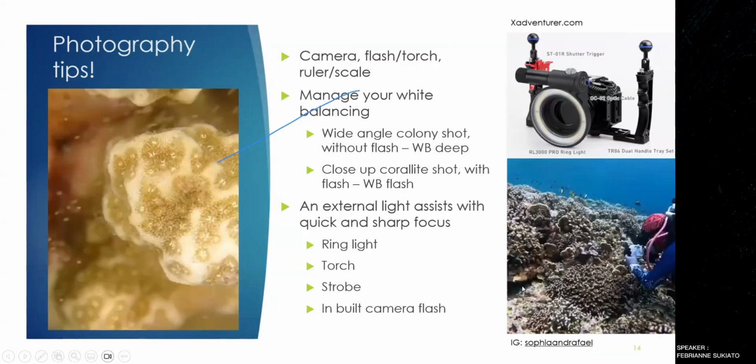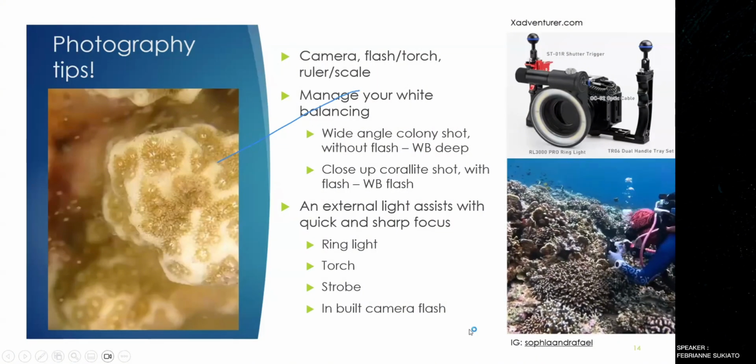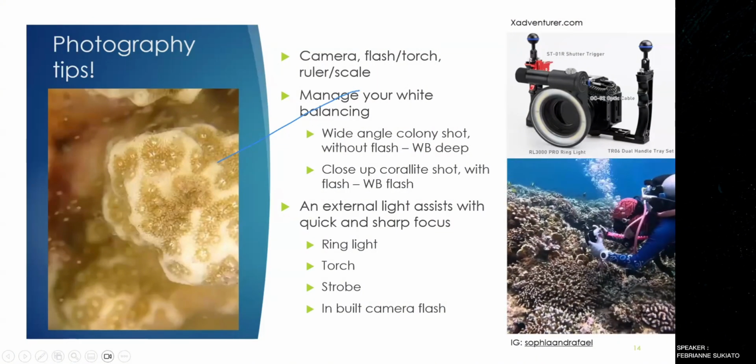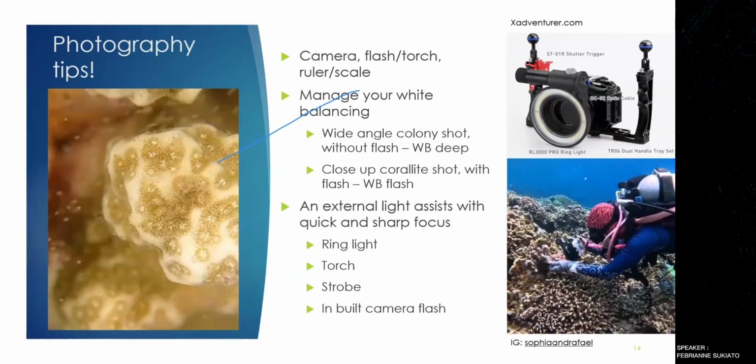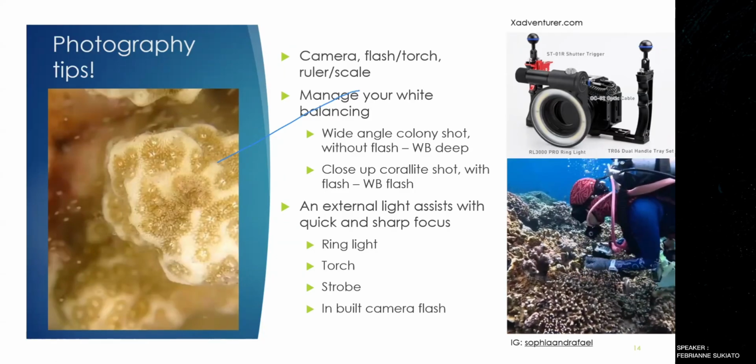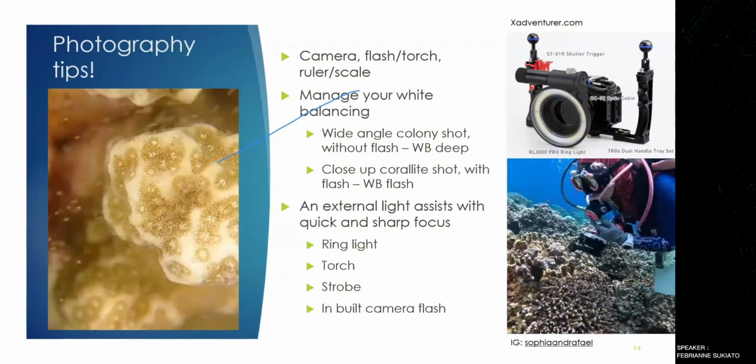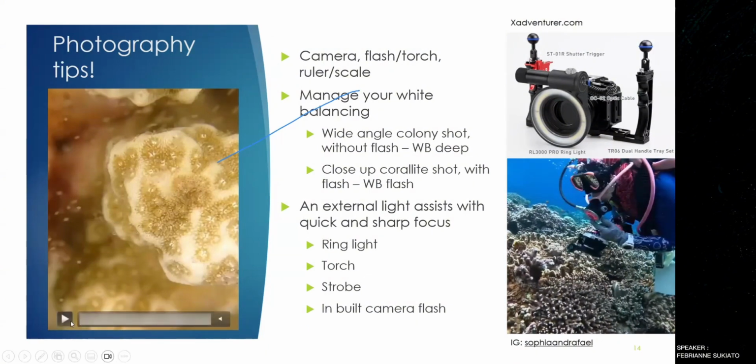So this is how I do it. You need a camera, obviously. You need a flash or a torch, and you need a ruler or a scale. So please make sure that you manage your white balancing so you can get the clearest and crispest shots.